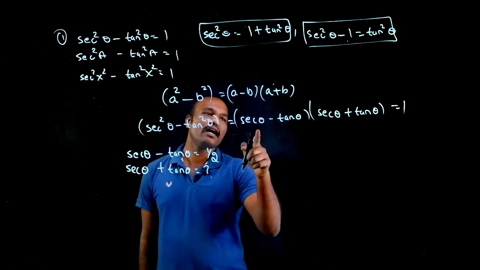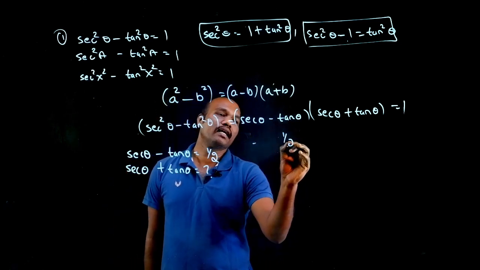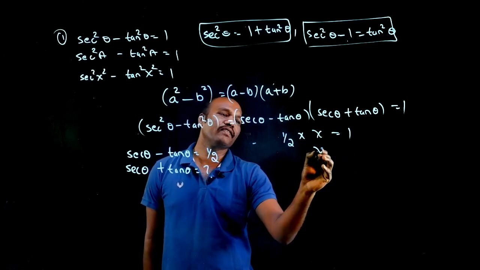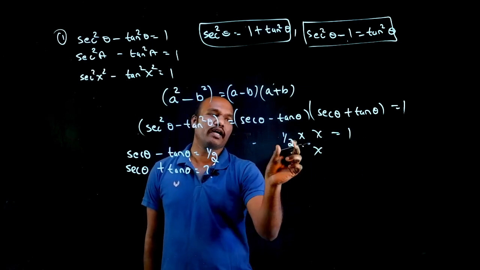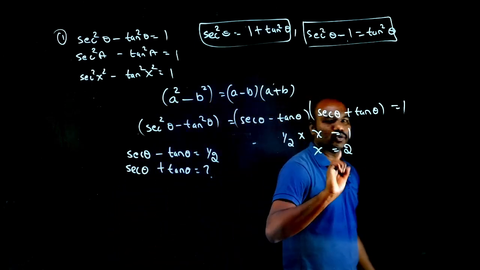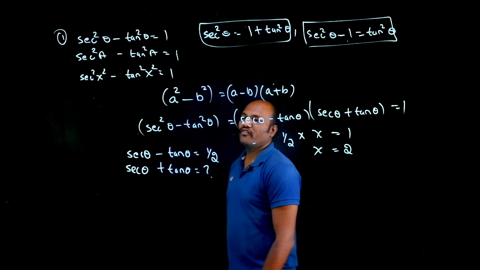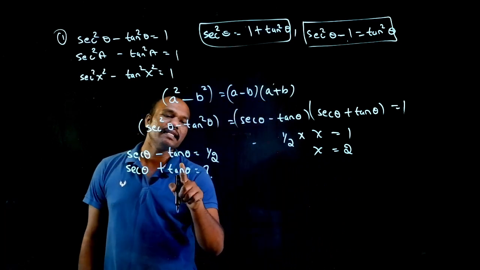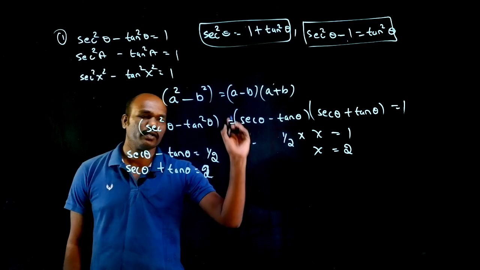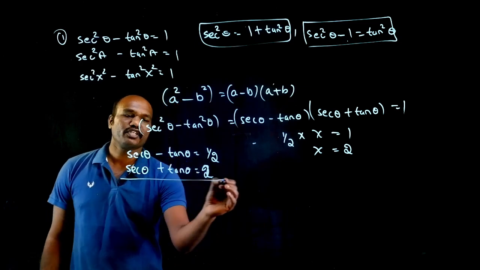Secant theta minus tan theta is half. So if I substitute half here, I don't know the value of x, but half times x is equal to 1. What will be the x value? What do you multiply by to get 1? You have to multiply by 2. So the value will be 2. So if secant theta minus tan theta is equal to 1 by 2, secant theta plus tan theta will be equal to 2. This is the first question.